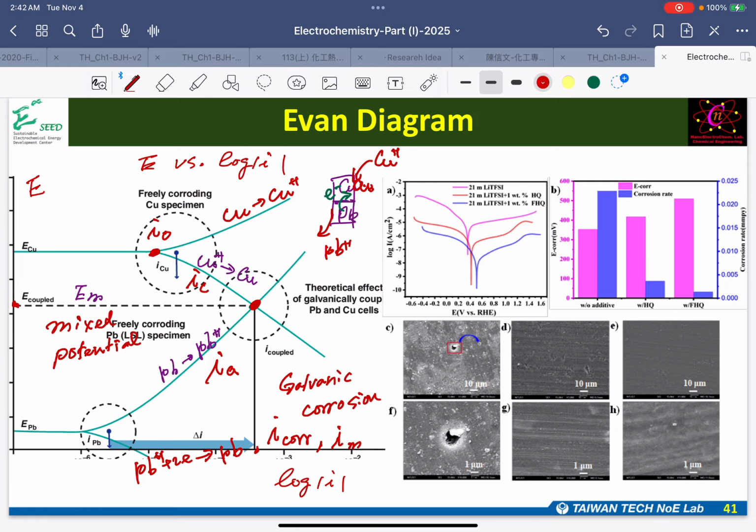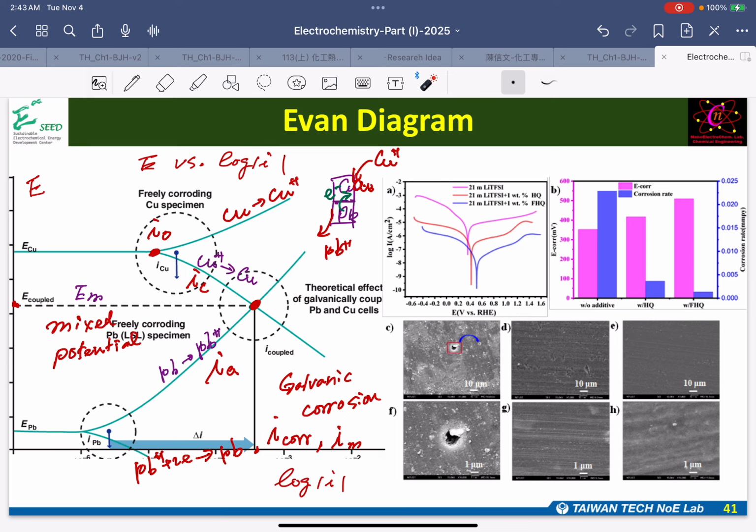There are many applications in corrosion, like this figure. In this corrosion application, we study the alumina corrosion in different electrolytes. So you can draw this: put log I on the y-axis and potential on the x-axis.